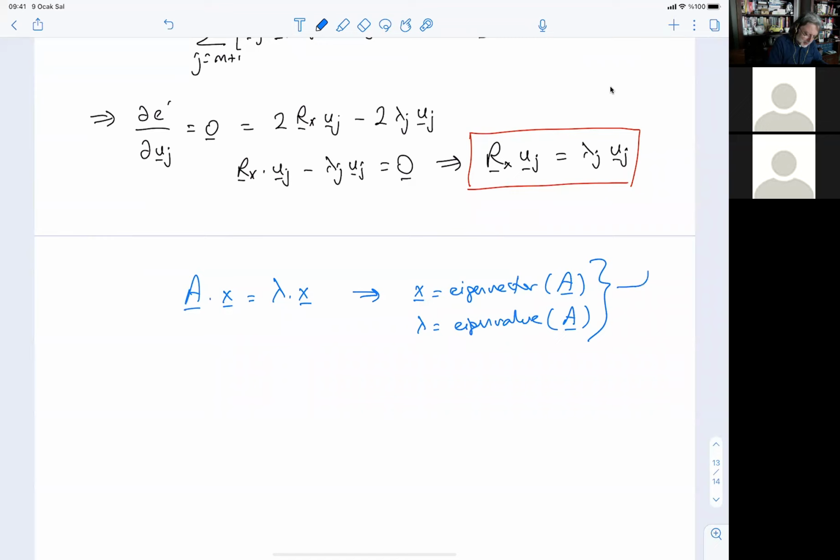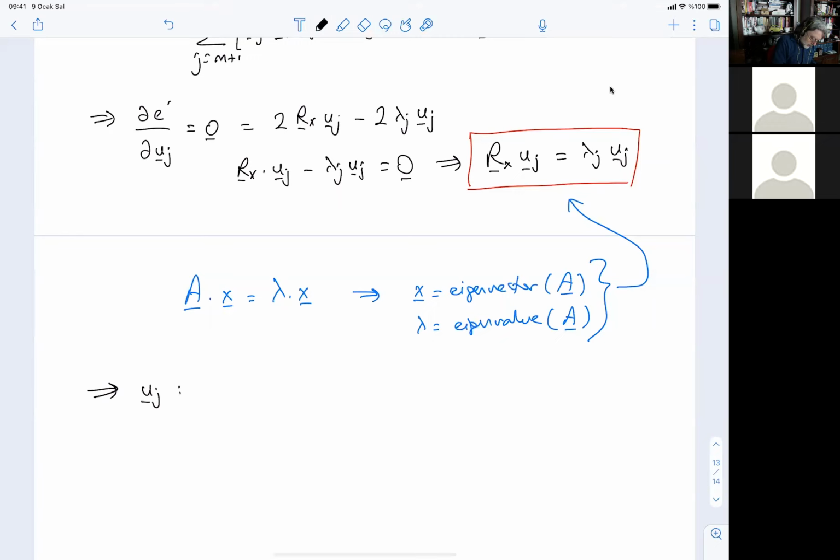Maybe you could remember. So looking back to this equation, we see that essentially uj is then an eigenvector of Rx with a corresponding eigenvalue of lambda j. So that's what it is. Let's write it down.